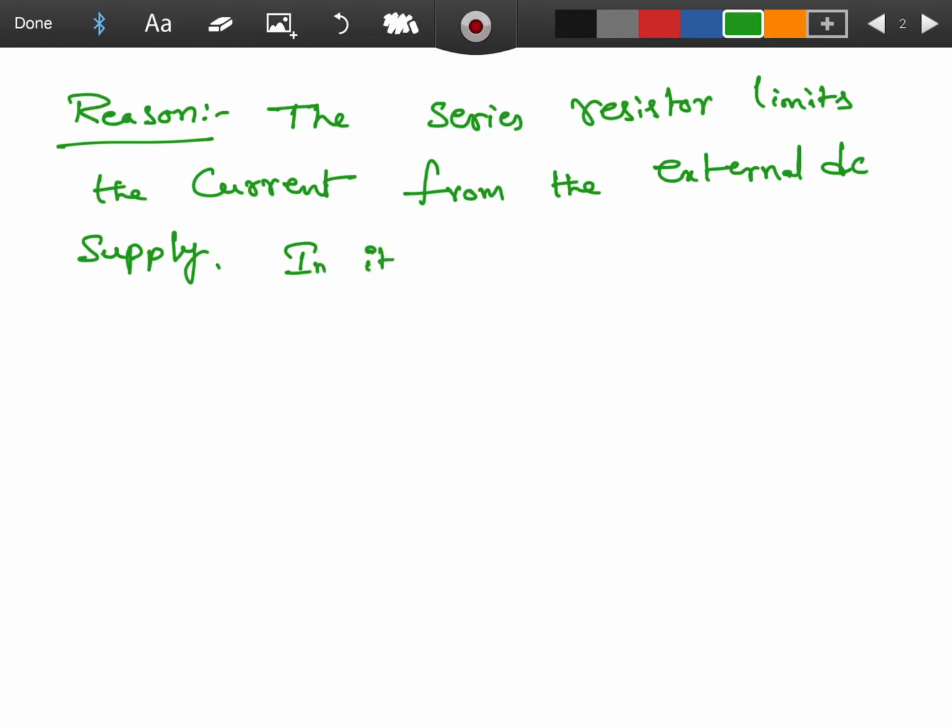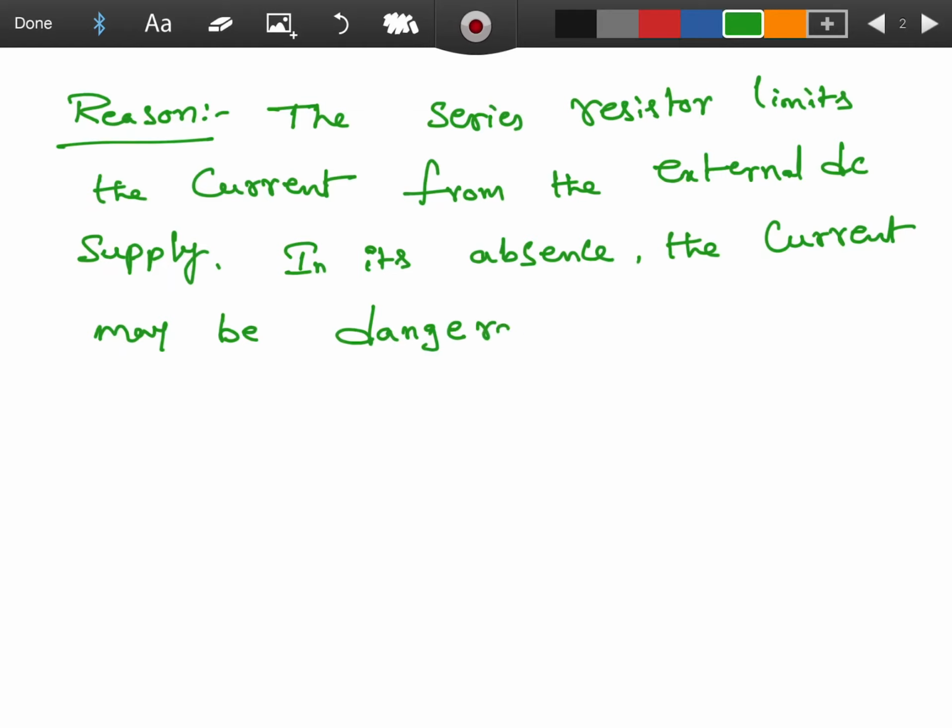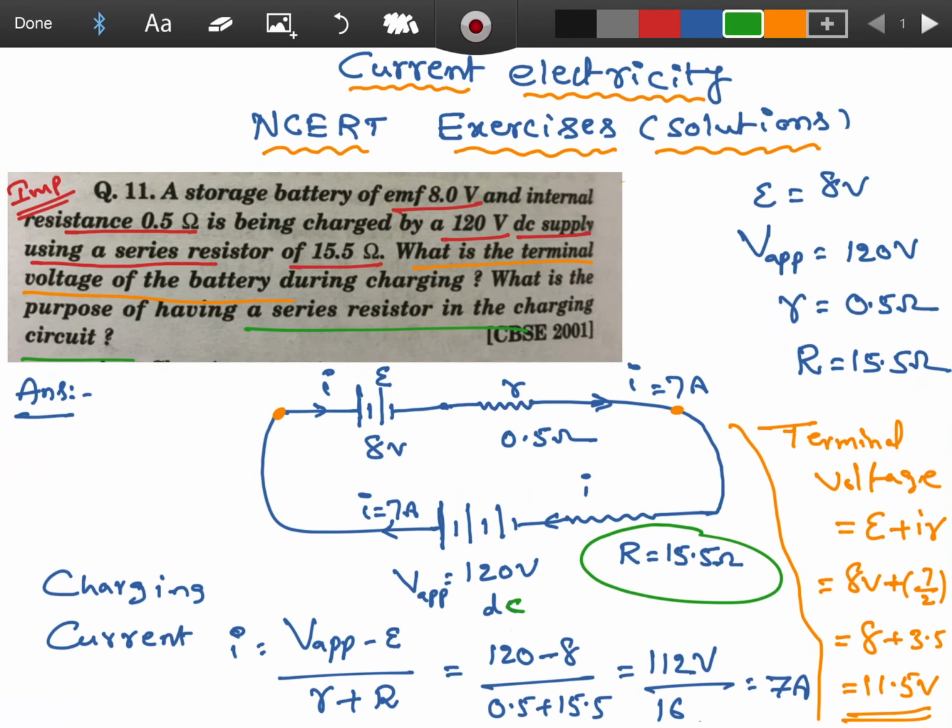In its absence, the current may be dangerously high. This is the reason. It may affect the circuit. It may damage the circuit.